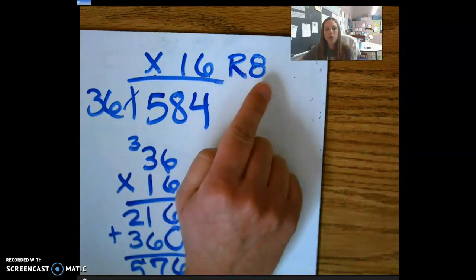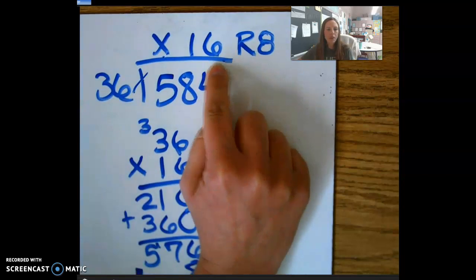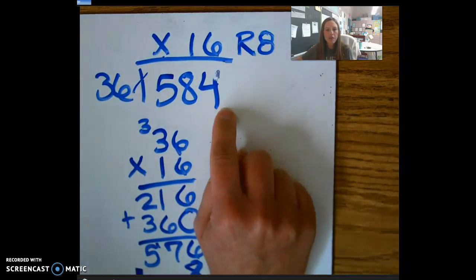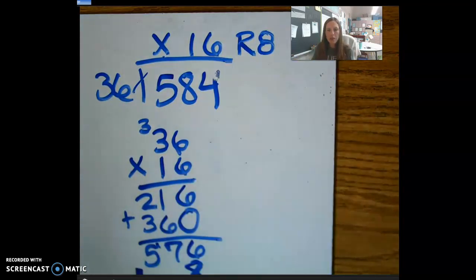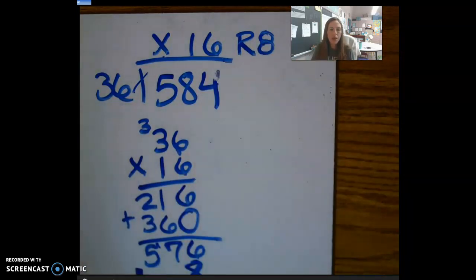We don't add what's left over to the number of pens in one group. Okay, so remember, our 584 was our total. We split them up into 36 groups, and we had 16 in each group. Well, not every pen got to be put in an equal group. We had 8 left over.